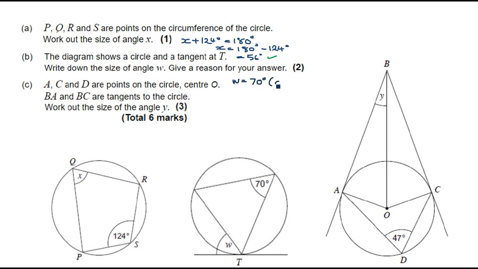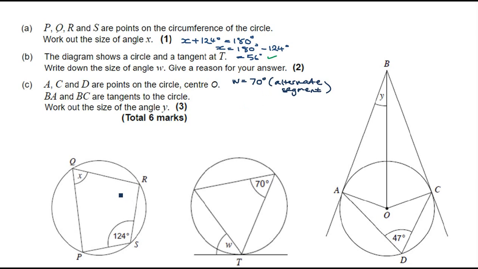So the reason is the alternate segment theorem. Okay, we'll just leave it like that. So that's part B completed, and really there's no check that we can do. The theorem tells us immediately that this must be 70 degrees.